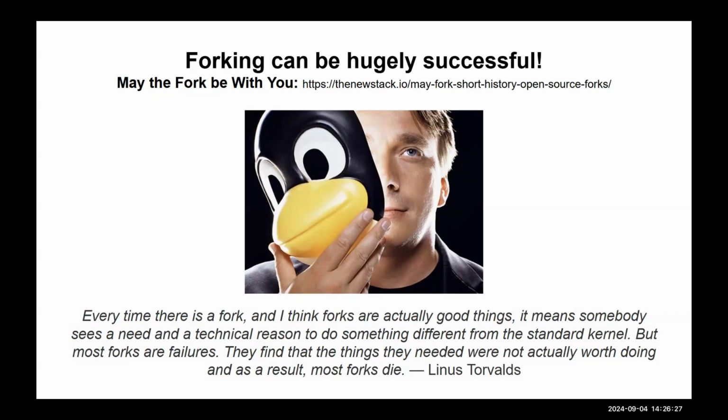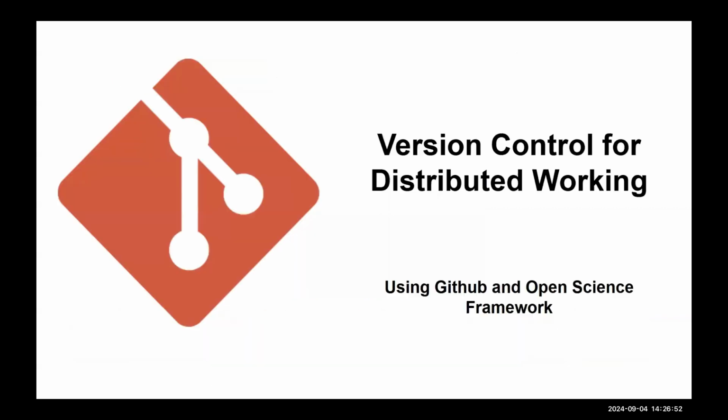Sometimes people don't see eye to eye on things, and they decide that they don't want to pursue the project anymore. So a lot of forks are based on people coming together and saying, we're going to build this project. And then later on, they say, well, I don't really have time for it, so I'm going to give up on it. So there's a lot of potential for developing projects and forks, but a lot of times these forks die for various reasons.